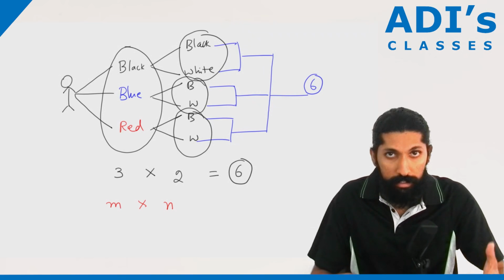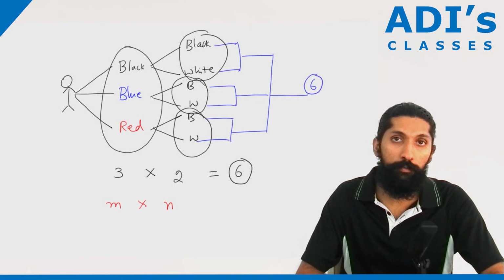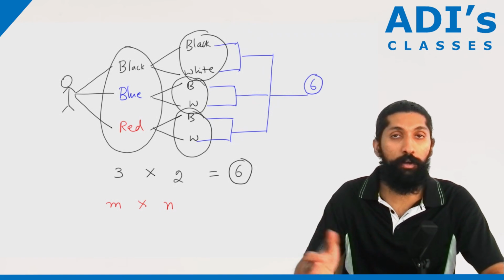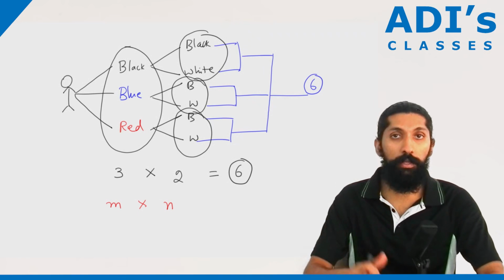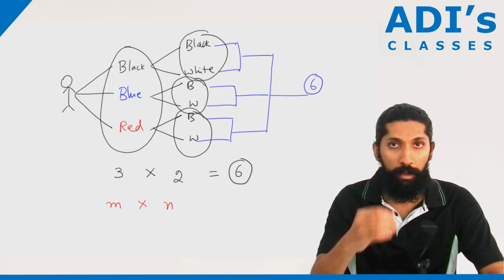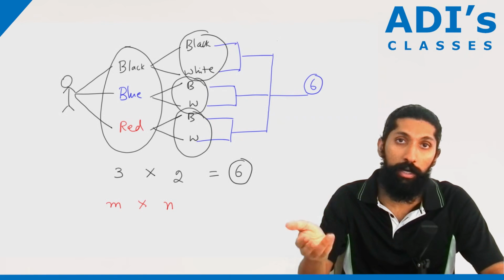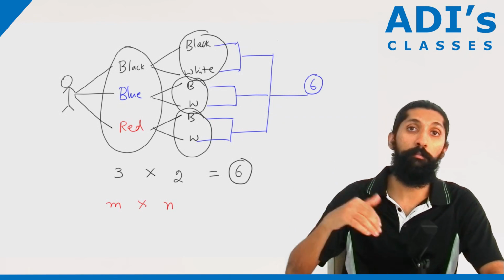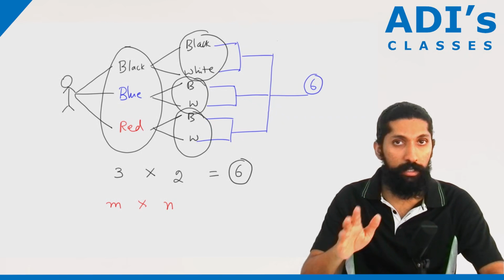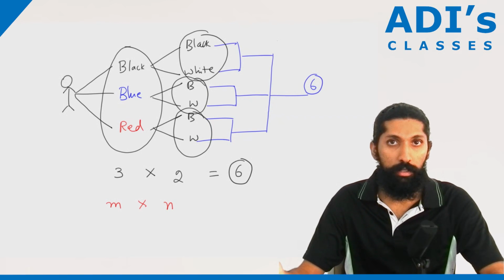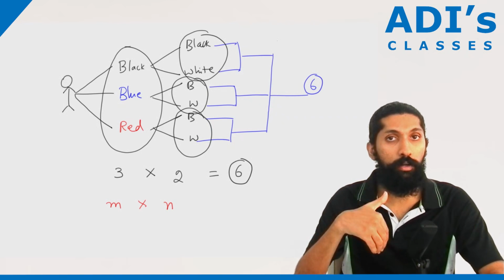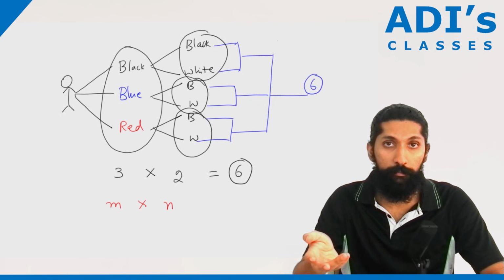Whatever you have learned so far is called the principle of counting. In the principle of counting, we take m number of things followed by however many you have, and we just multiply them, because repeated addition is multiplication.